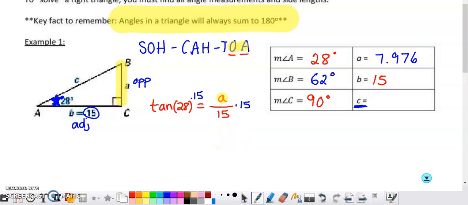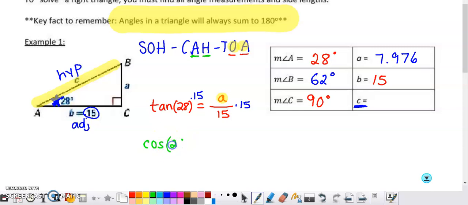You can go back and, instead of using side A, because we were trying to solve for side A before, use, if C is what we want to solve for, label that as the side that it is, the hypotenuse. And if you're looking at SOHCAHTOA, this time you would use, instead of tangent, hypotenuse and adjacent. Hypotenuse and adjacent come from cosine.